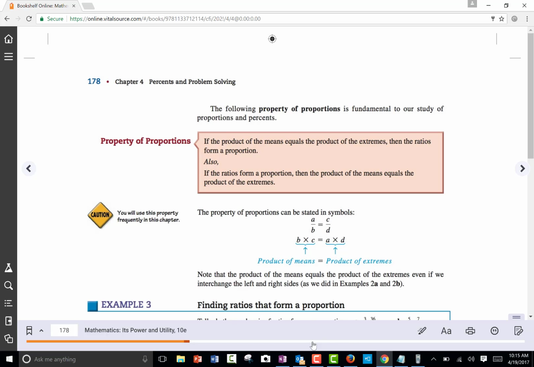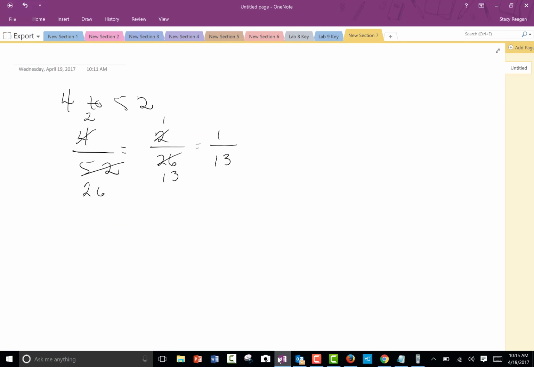So if I take a look at one proportion, which is made up of two ratios, and I'm looking at example 3. It says, tell whether each pair of ratios forms a proportion, and it has 3/4 and 36/48. So what you're going to do is take the top number on the left and multiply it by the bottom number on the right, and then the same thing with the bottom number on the left and the top number on the right.